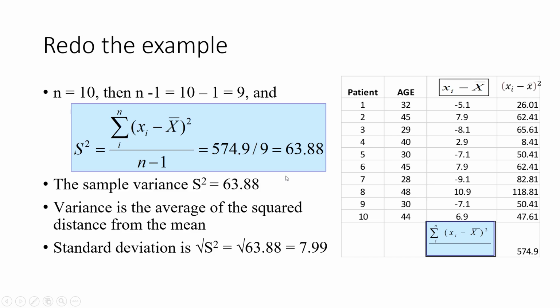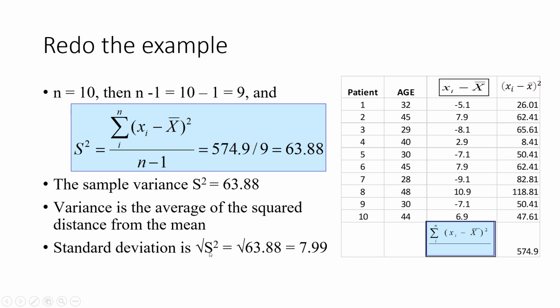Now, because in this example we measured their age in years, the variance, which is s squared, will be measured in years squared. But this unit isn't very helpful, right? Years squared isn't a very helpful age unit. So what we'll do is we'll square root the variance, which will convert years squared into years.